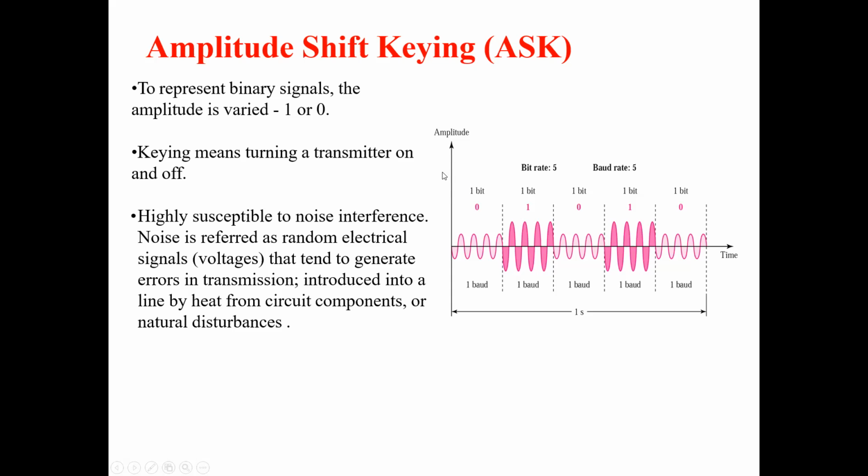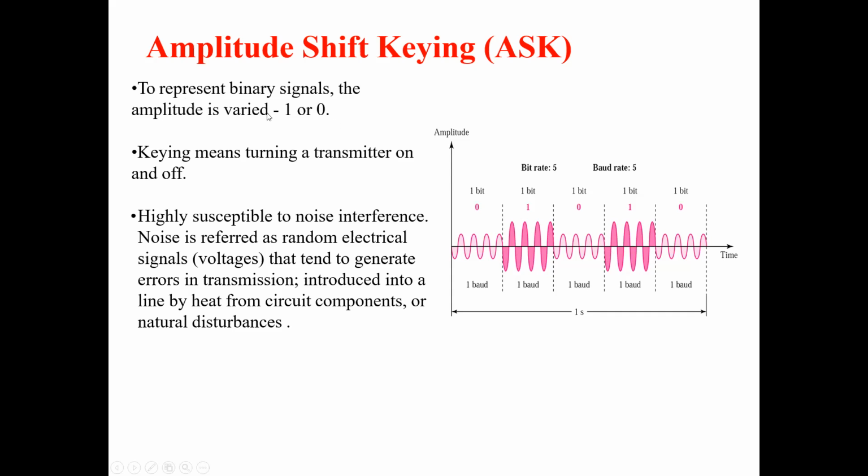What we have done from analog to digital, we are using pulses to determine the value. Now here in ASK we are using the amplitude of the analog signal to represent the bits.